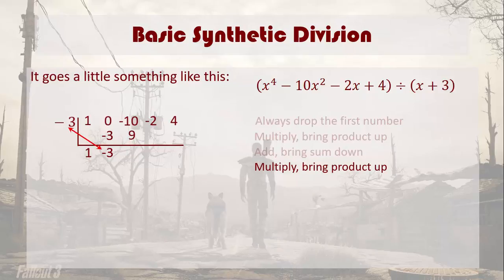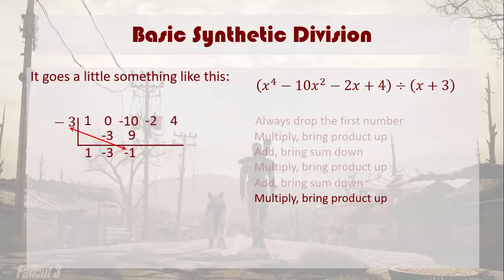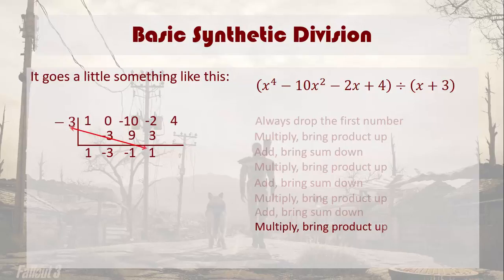Bring that up under the next column. Negative 10 plus 9 is negative 1. Multiply negative 3 and negative 1 now to get 3. Negative 2 plus 3 is 1. Multiply negative 3 times 1. You get negative 3. When you add these, you get 1.